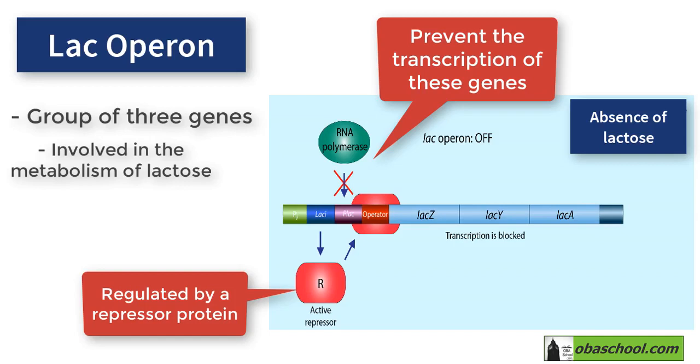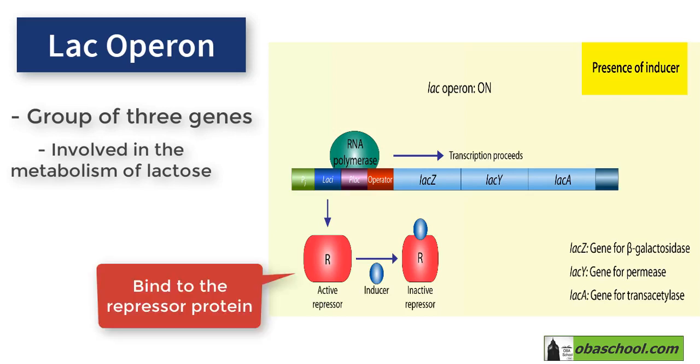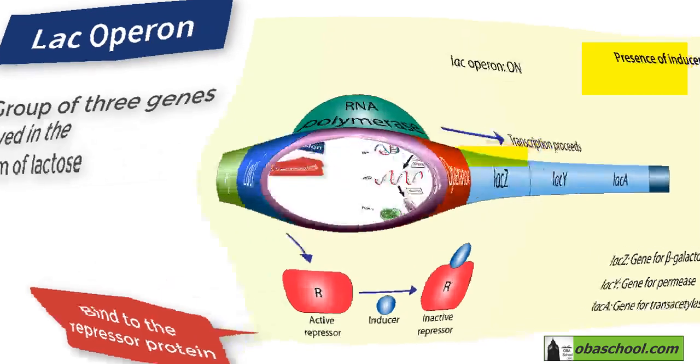So, when lactose, which is also called an inducer, is absent, these genes cannot be transcribed. Whereas, when lactose, the inducer, is present, it binds to the repressor protein and hence transcription happens.